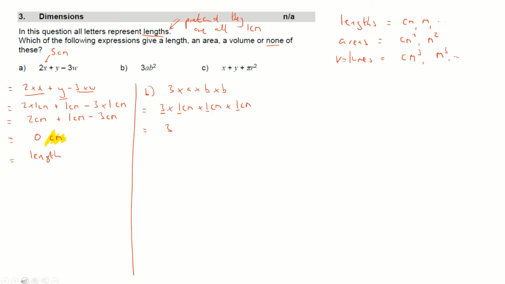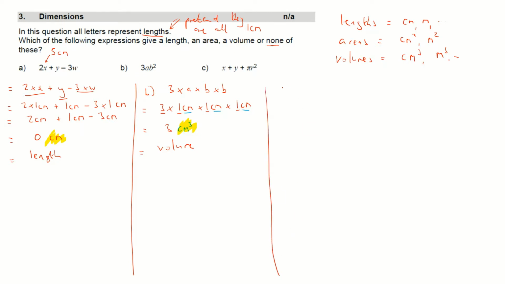And now for the centimeters, I'm doing centimeters times centimeters times centimeters. That's going to be centimeter cubes because there's 3 of these in a row. So I see now this one's in cm cubes. So if I just highlight that in yellow, if it's cm cubes, then it's going to be a volume because volume is always in cubic units. This is a volume.